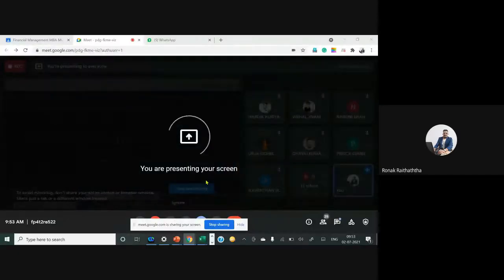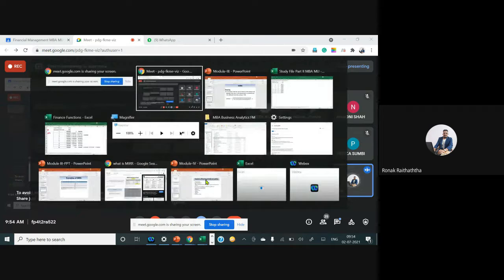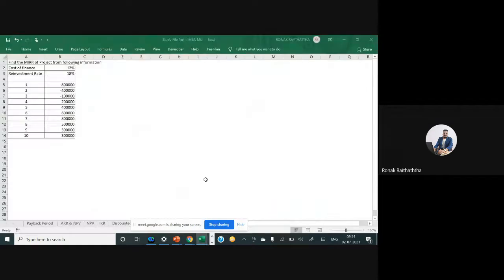Okay, let's try to recall what we had started last time. We were into internal rate of return. We had completed the net present value. We had also found the discounted payback period, right? We have seen the interpretation of all of this.